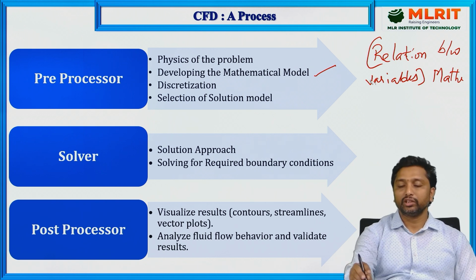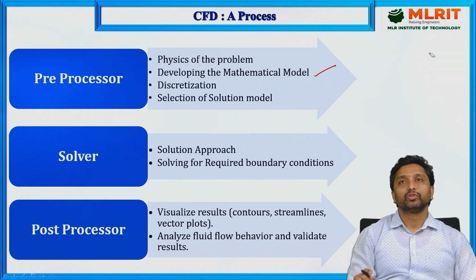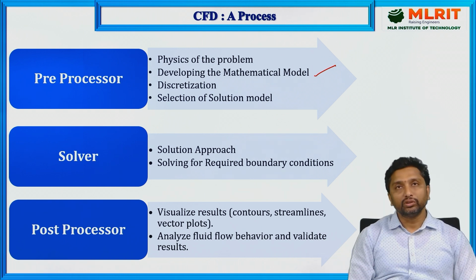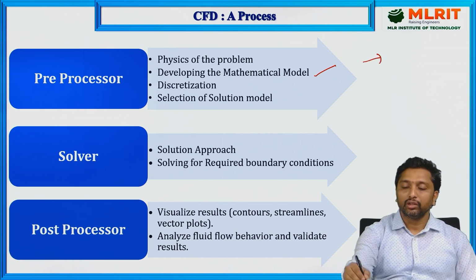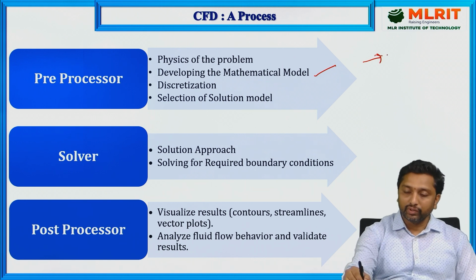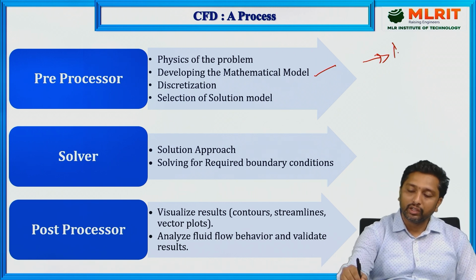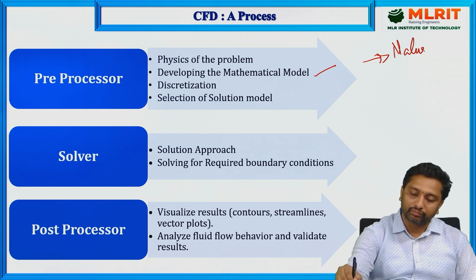Hence, we call these relations mathematical models. So we have to develop mathematical models. Based on the mathematical models, we consider the numerical methods we follow. Once we have developed the mathematical model, we need to understand the nature of the mathematical model.